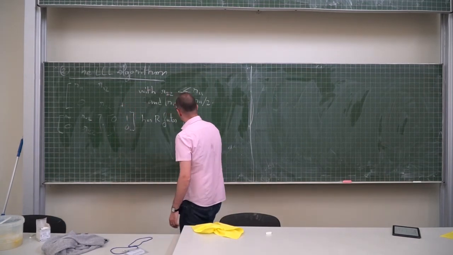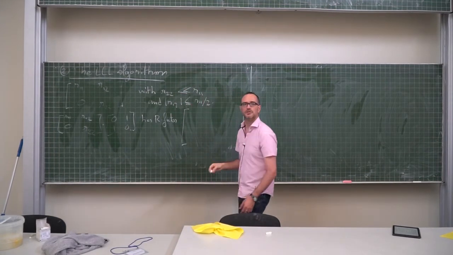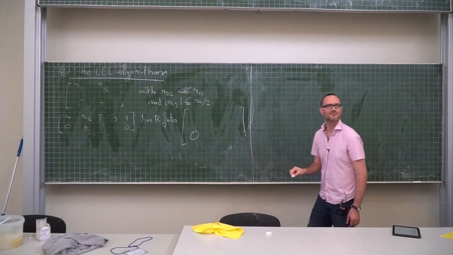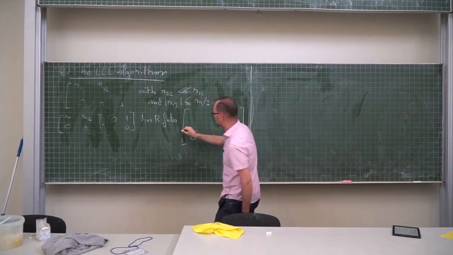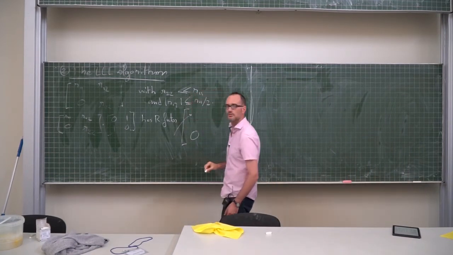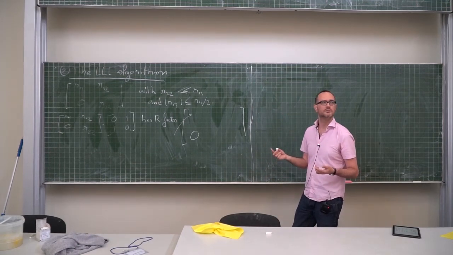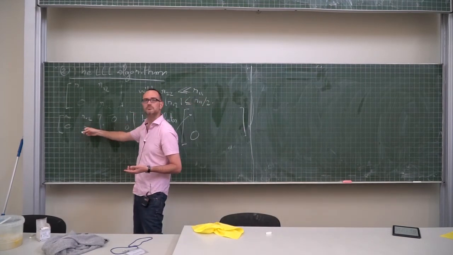Okay, so how does it look like? And in particular, so here is 0. That's easy. That's the easiest coefficient. What is the first coefficient? Okay, so this coefficient, that's the norm of the first vector. Okay, so it's just the norm of this column.